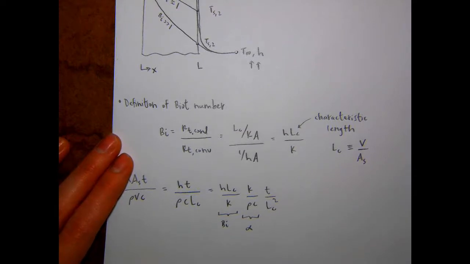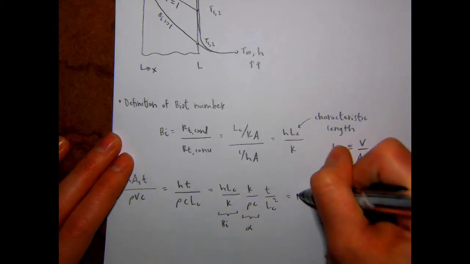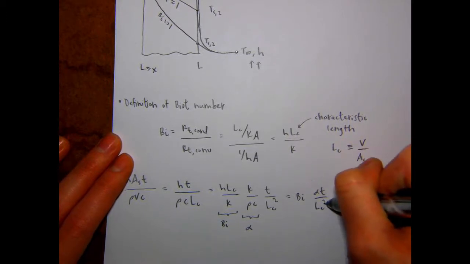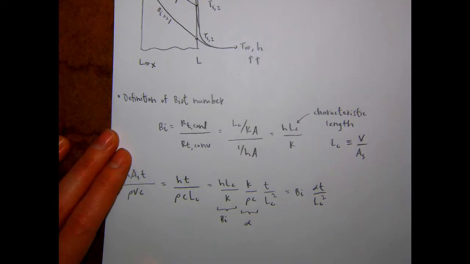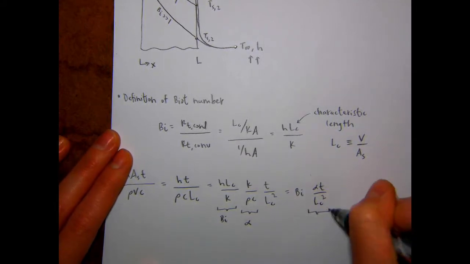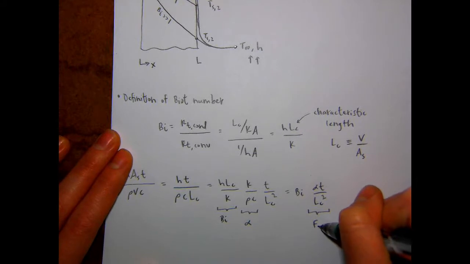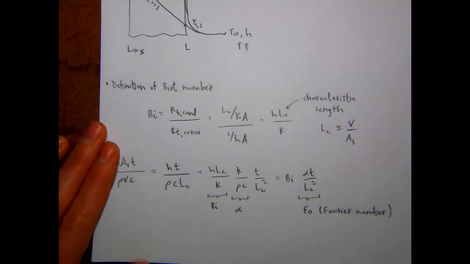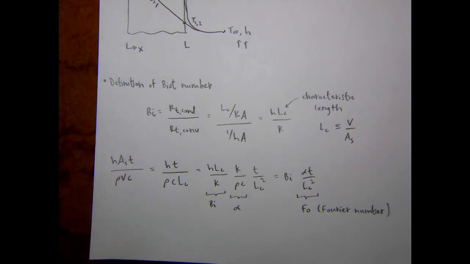And then we're going to define basically this entire quantity. So let's rewrite that. The Biot number times alpha t over L sub c squared. Now this entire quantity is going to be known as the Fourier number. This alpha t over L sub c squared is the Fourier number.